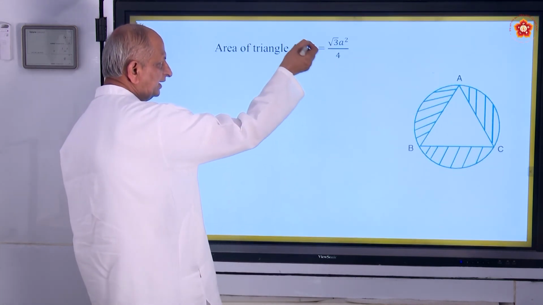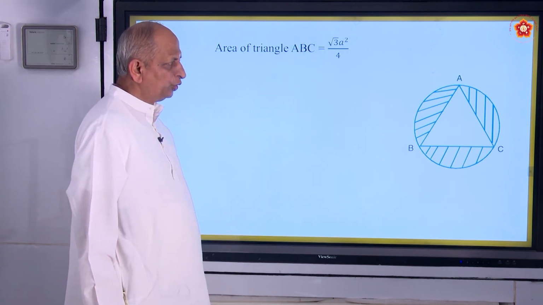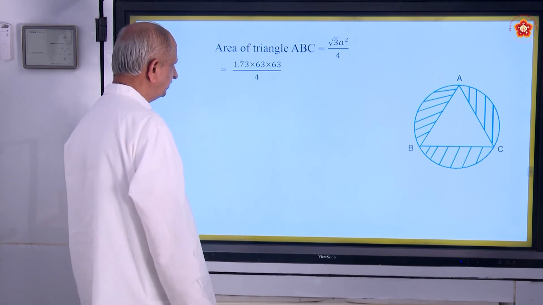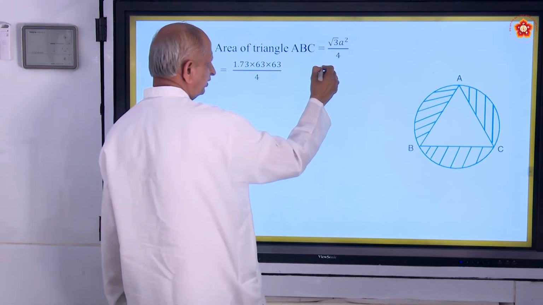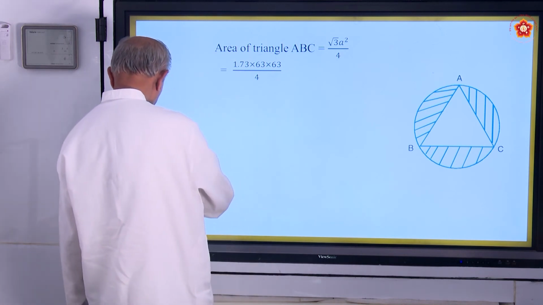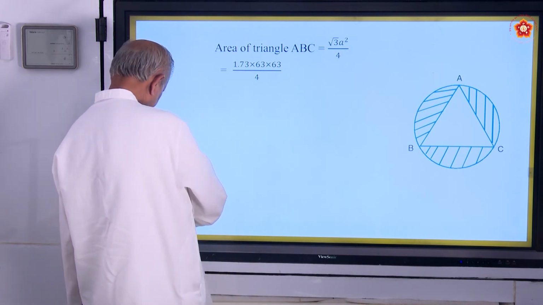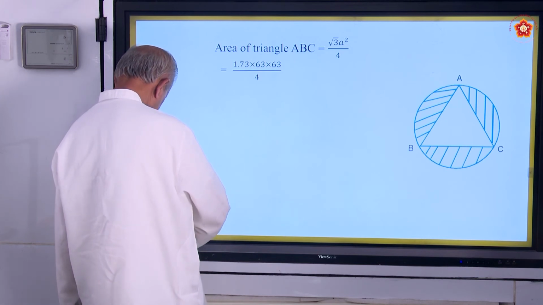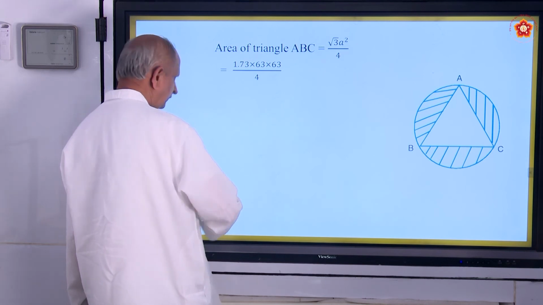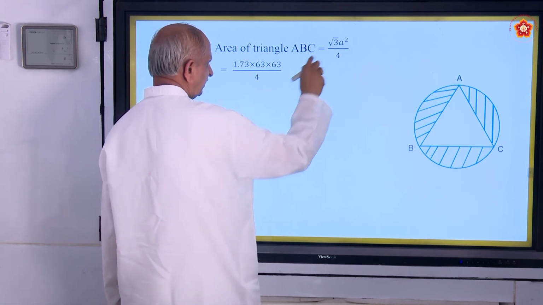Because it is an equilateral triangle, area of the triangle becomes root 3 A square by 4. What is A? Here A is equal to 63, which you just found out. So 63 into 63.